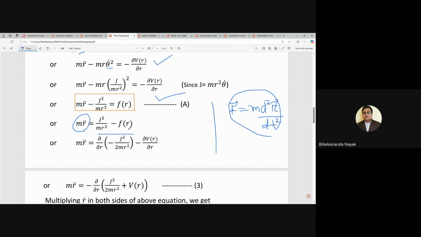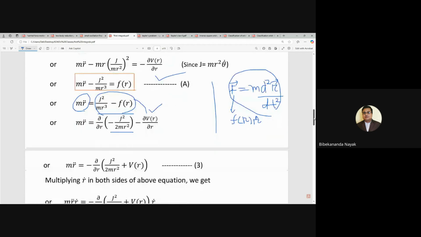Okay. F is equal to, we write actually f(r) r cap. It may be plus or minus sign. Leave the minus sign. But here there are two terms. We actually call this effective force. Okay. We go for that. Now write it. But we know that force is negative gradient of potential. So f(r) can be written like this. This term can also be written like a derivative of some quantity.